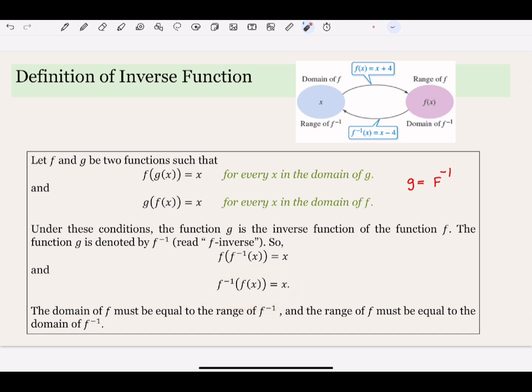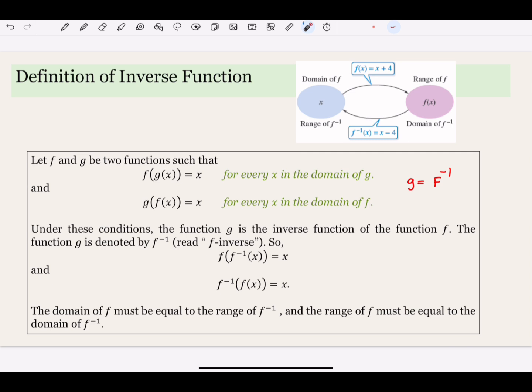In plain terms, if you apply the inverse function first and then the original function, you get back where you started. And also if you apply the original function first and then the inverse, again you return the original input. So they reverse each other's effects.